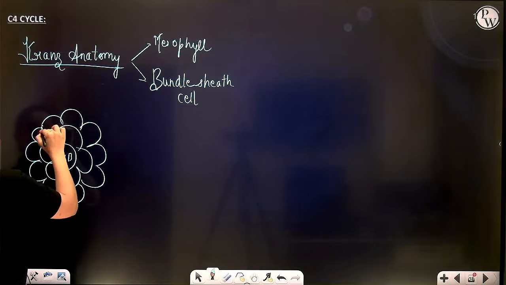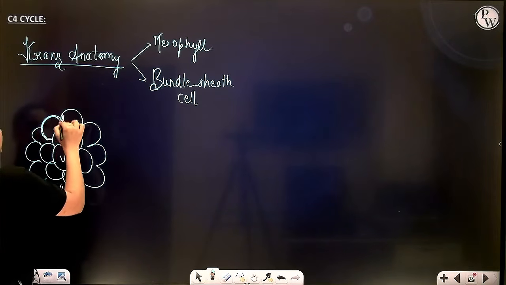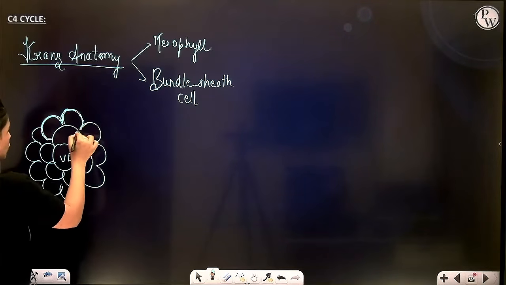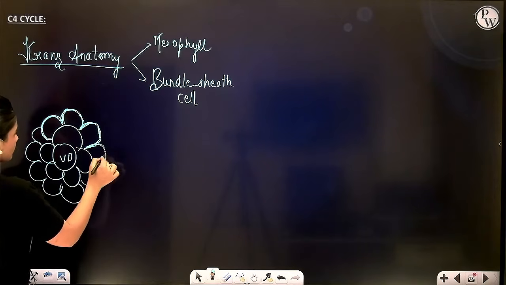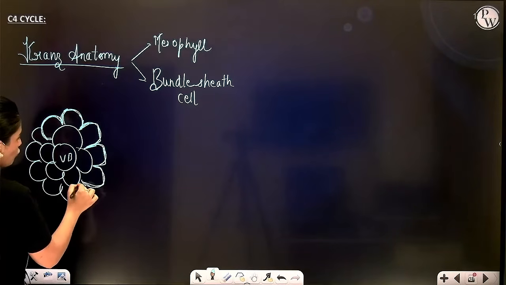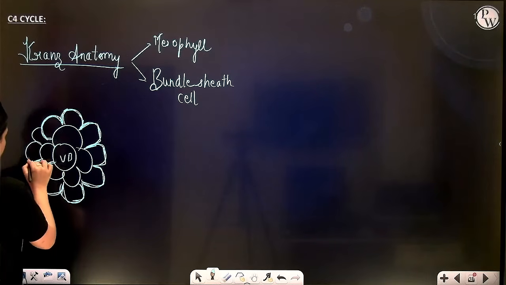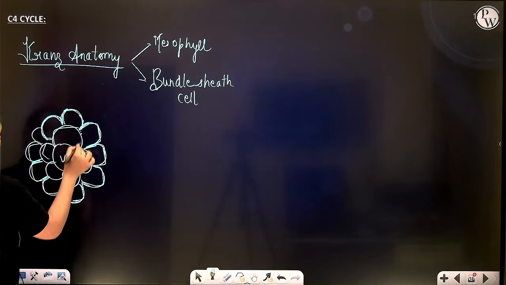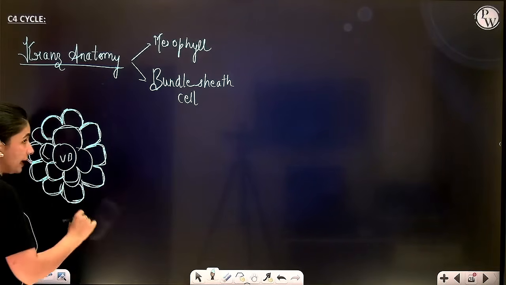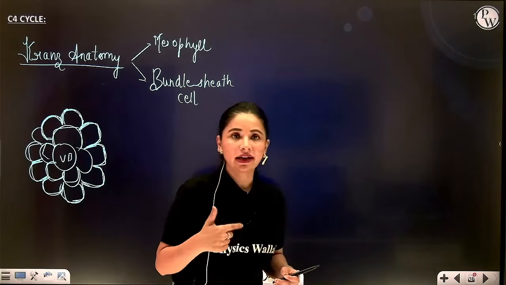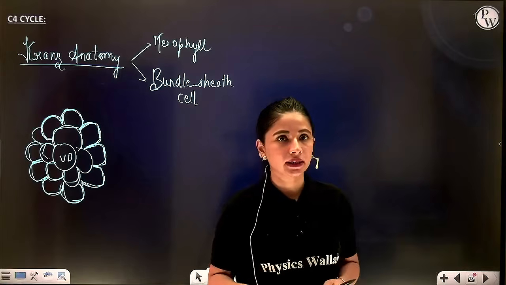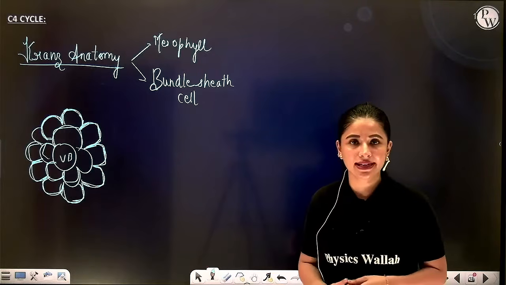They are thick-walled to avoid the exchange of gases. So these are bundle sheath cells whose stroma has the Rubisco enzyme. Bundle sheath cells are several layered, thick, concentrically arranged around the vascular bundle, and impervious to gaseous exchange.